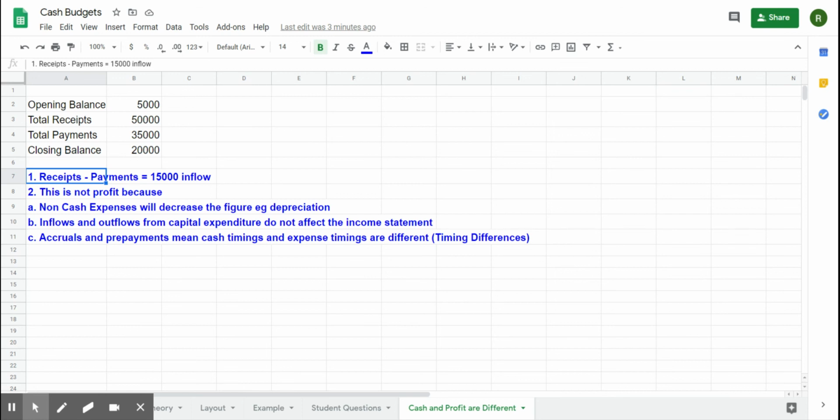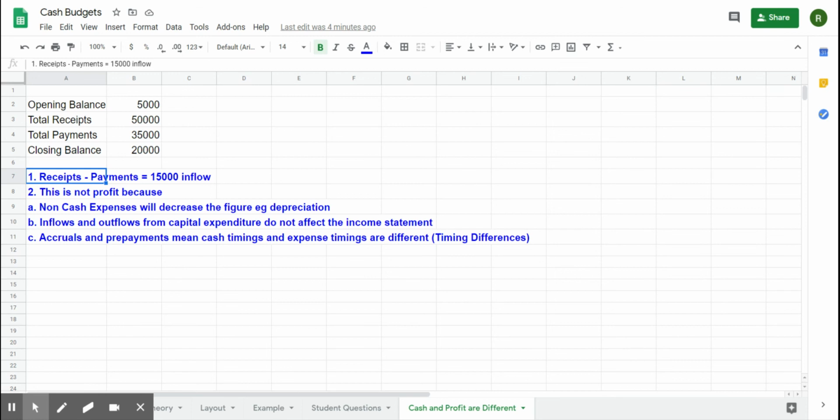A cash budget would include all of the cash inflows and cash outflows linked to capital expenditure and capital revenues. So, for example, we may have a cash inflow from selling a vehicle that a business owns. That cash inflow of selling a vehicle isn't a revenue in the income statement.